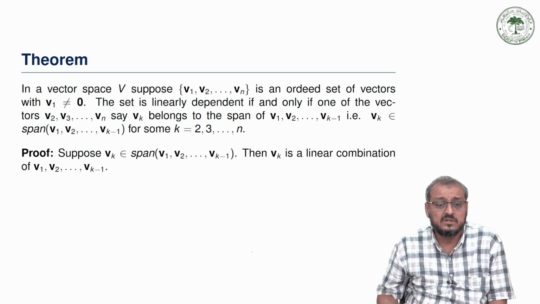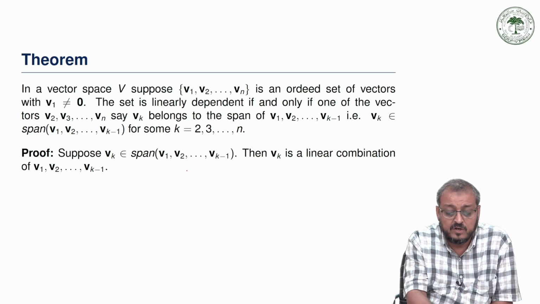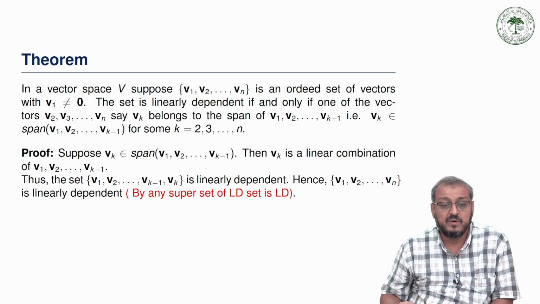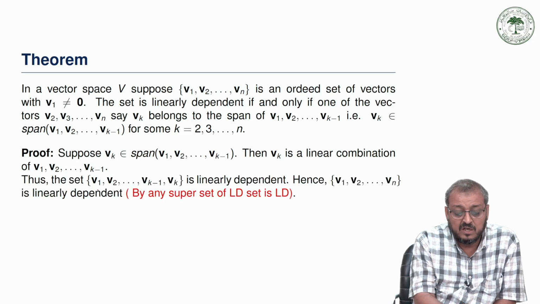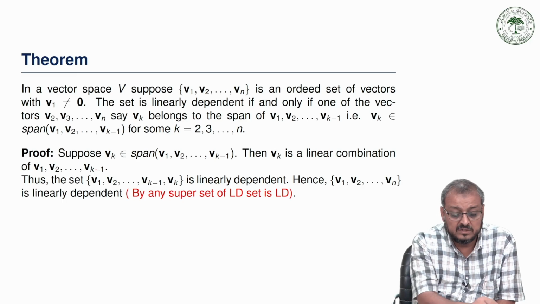So assuming first that vk is in the span of these, then vk is a linear combination of v1, v2, up to vk minus 1. The set v1, v2, up to vk is linearly dependent, and I have just proved that.